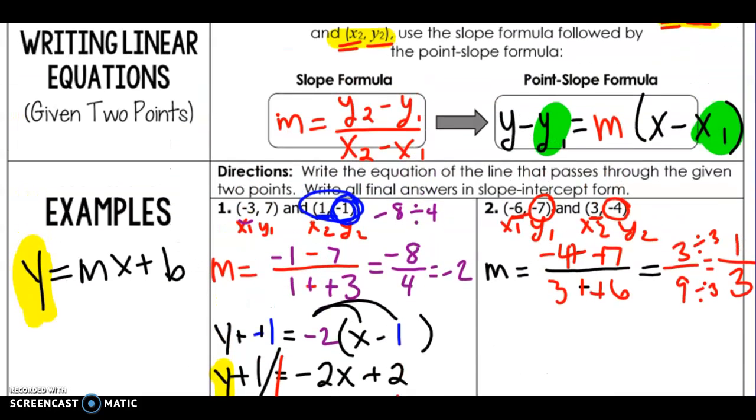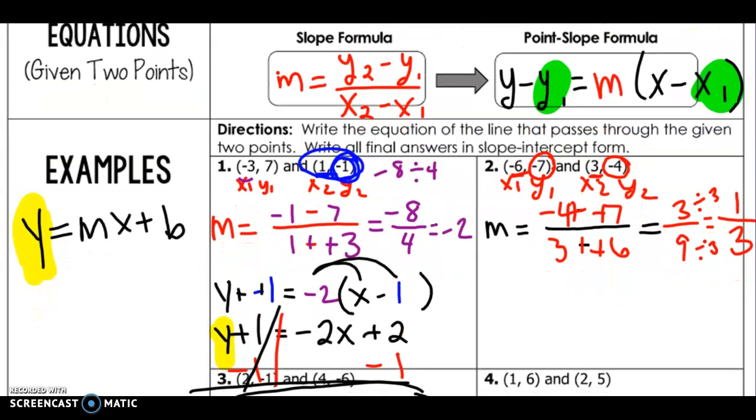Looking back at our formulas up top, we just did the first part. Now you need to plug it into the point slope formula again. So you're going to have y minus something equals the m that we just found, which in this case is 1 over 3, and then you have x minus something.